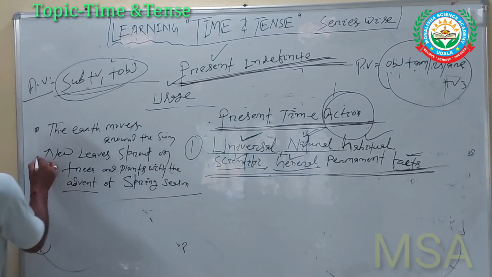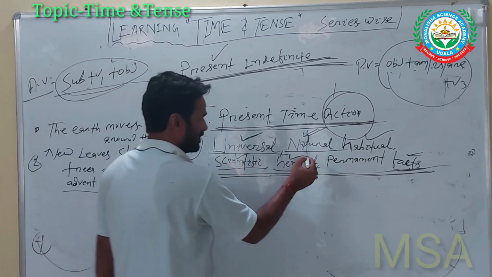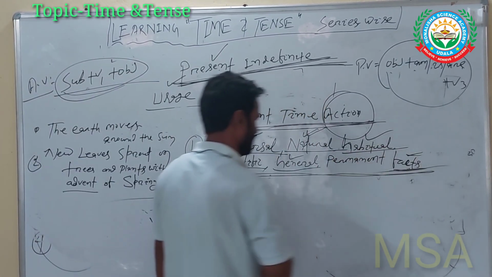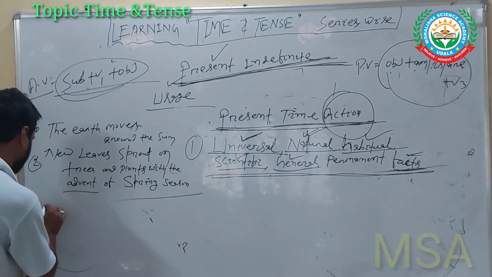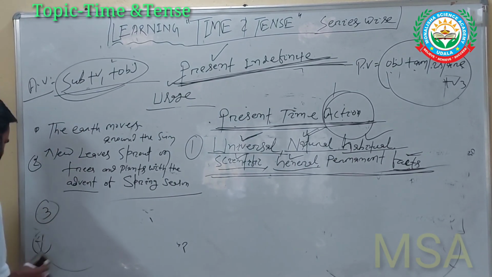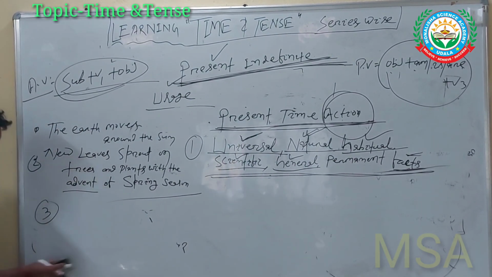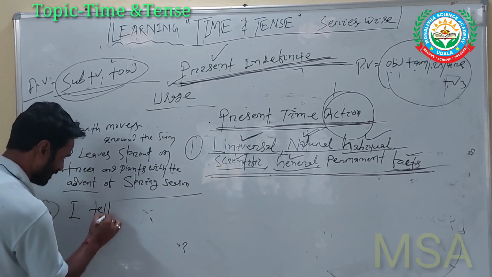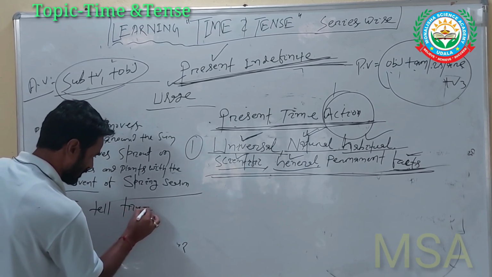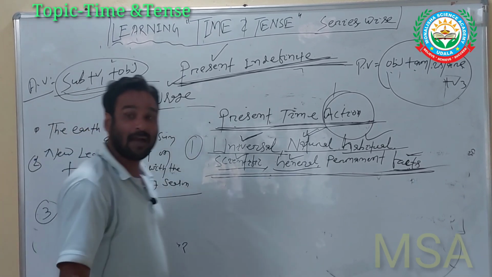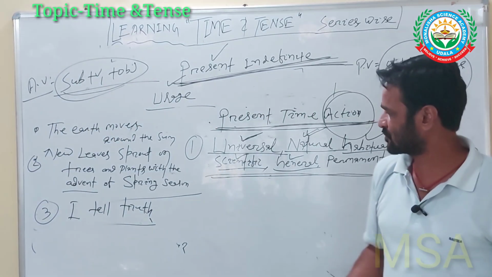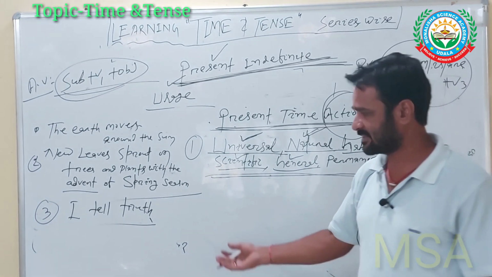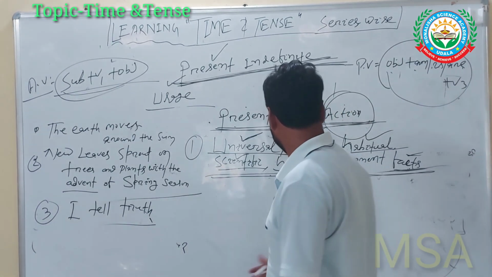And the third one is the habitual fact. What is the habitual fact? The habitual fact is: I tell truth. This is my habit. I love to speak truth, so "I tell truth" is an example of a habitual action.